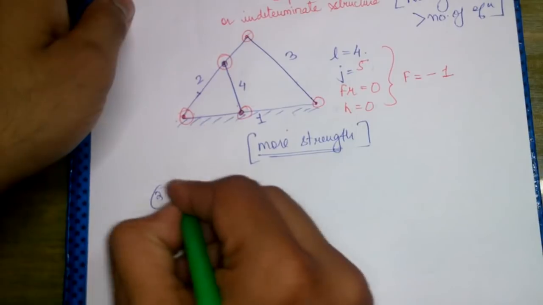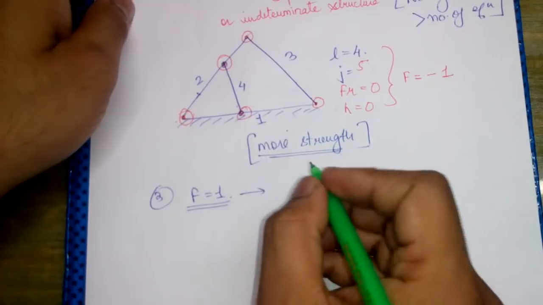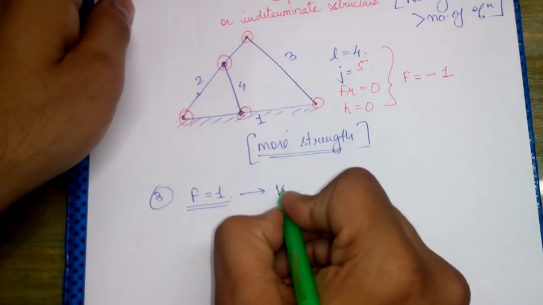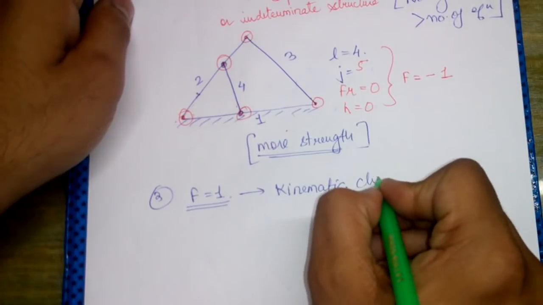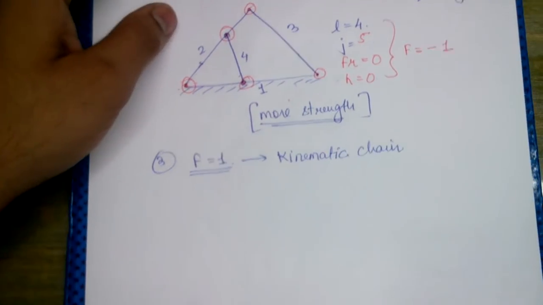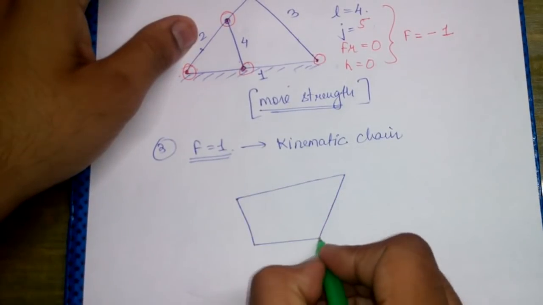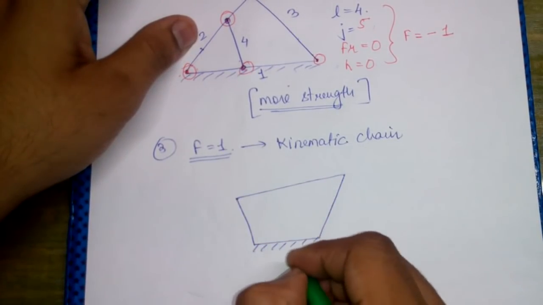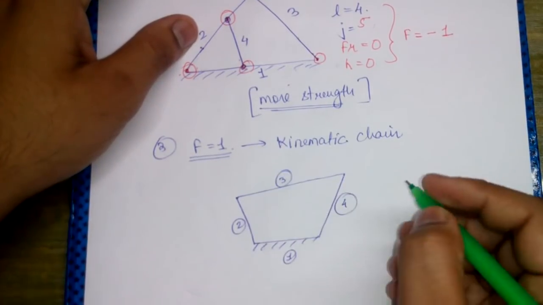The third case is if the degree of freedom is equal to 1. Then it is called a kinematic chain. For example, link number 1, 2, 3, 4.